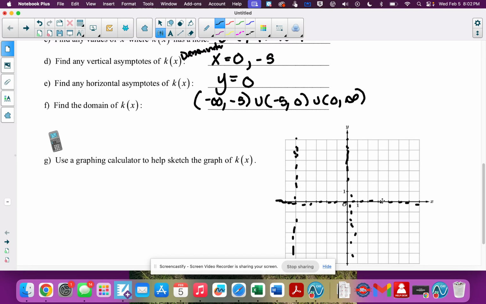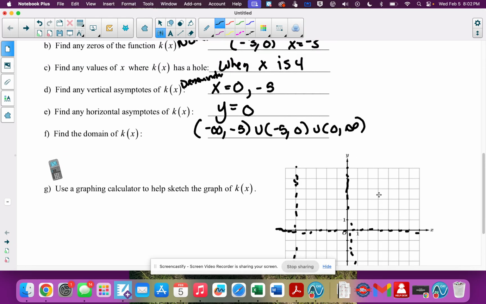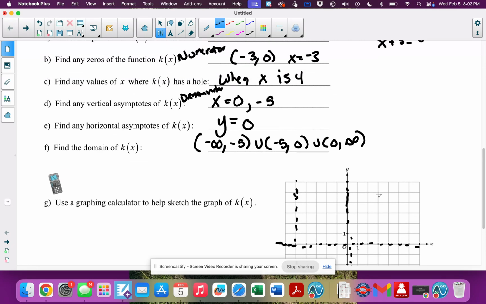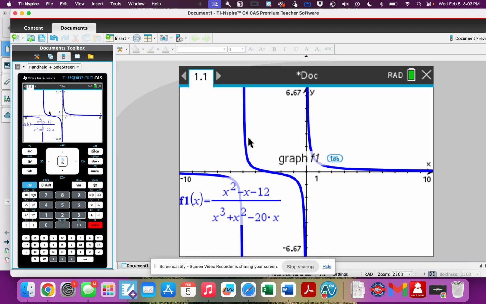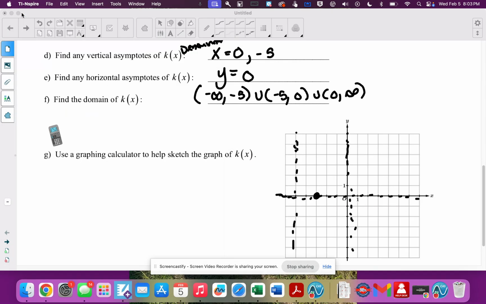Where do the ends of the graph go? Let's see, intercepts, my zeros of my function, I only have 1 at -3, so that actually tells me that the graph is going to be going down between these two asymptotes, right? That's why it looks like this, because it does actually curve around and go down. Okay, so again, basic sketch based on that information.